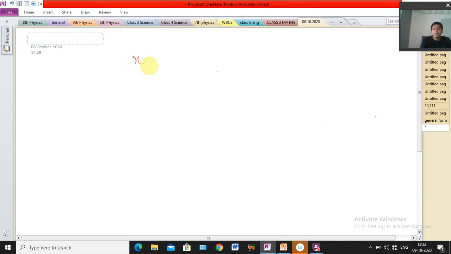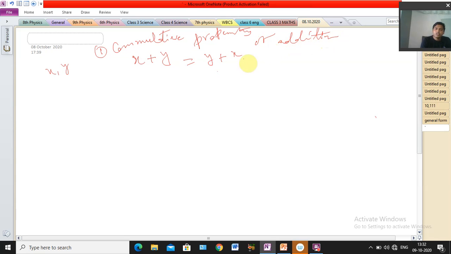Suppose here x is one variable, x plus y, two variables, x and y, we are taking. So x plus y equals y plus x. That is the commutative property of addition. Clear? Understood this one?